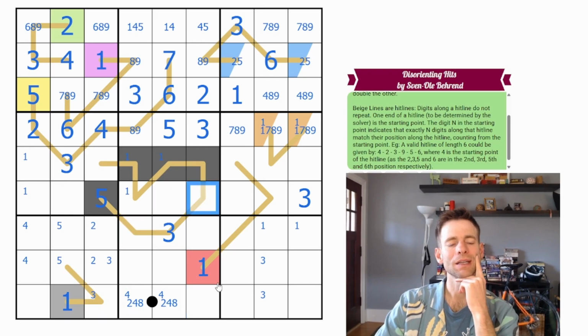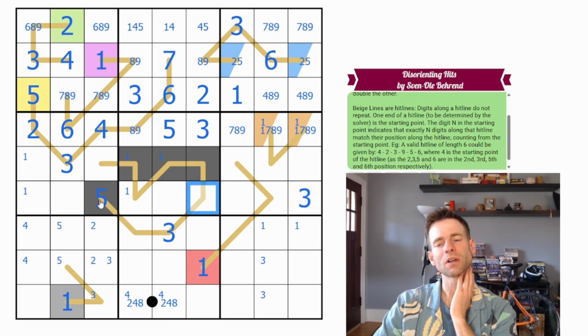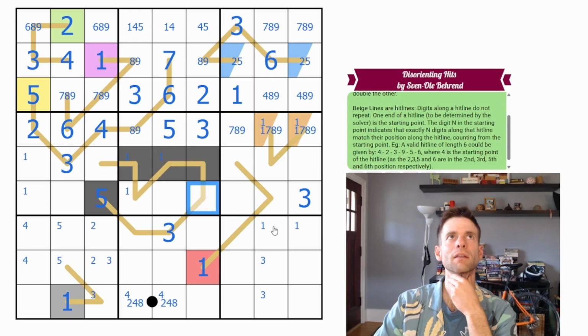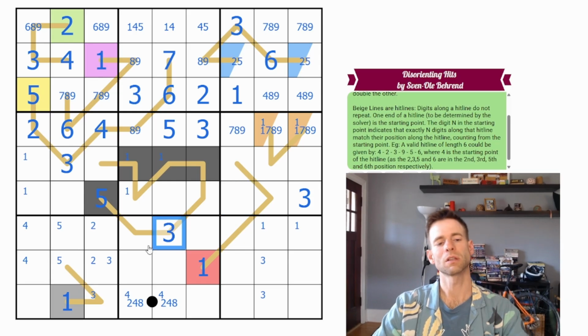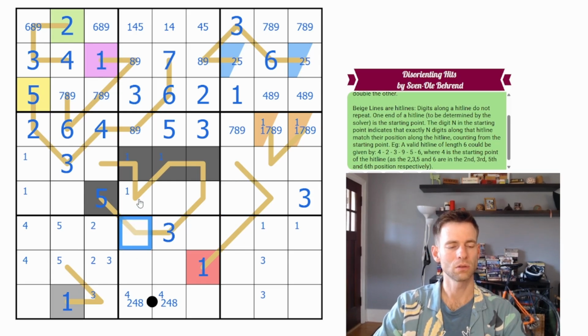So, I guess we could ask the question: what would happen if 4 is not in its correct position, which would be here? What would happen if 4 is not here? That would make this black, and the rest of these would be in the proper position. So this would be a 2.